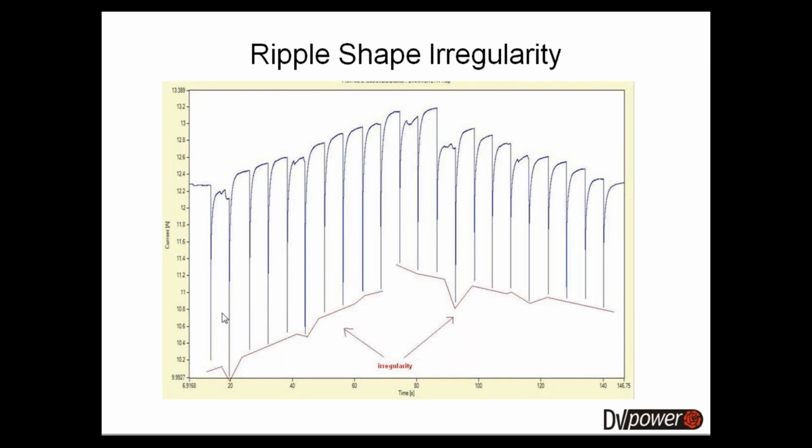And the reason for that is the increased resistance in the circuit during the operation. And any increase in the resistance during the transition will cause the current to drop down more, and in other terms will cause the ripple to become more pronounced. So you can easily see this irregularity on the graph itself.